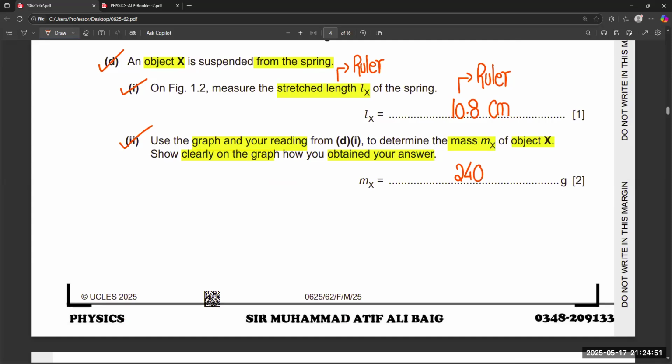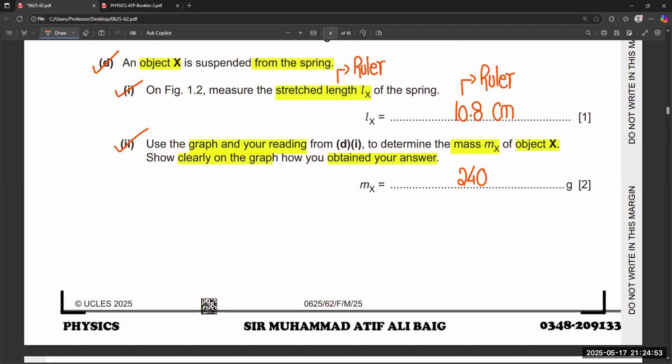So the hint is already given in the question. You have to use the first part of the D and then you need to find out the final answer.